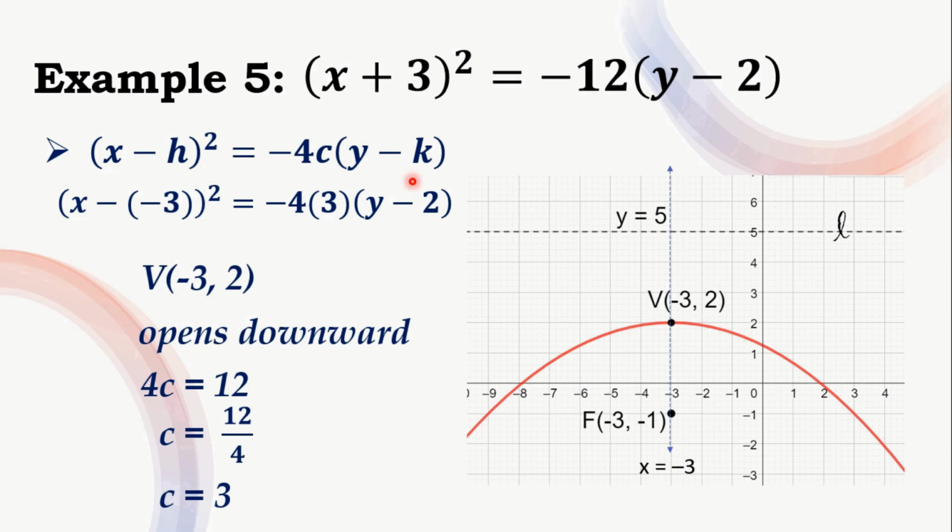The quantity x plus 3 and the pattern x minus h gives us an idea that h is equal to negative 3, with k equals 2. Hence, the vertex is (negative 3, 2). It opens downward because the factor 4c is negative. c is solved through 4c equals 12, such that c is equal to 3.